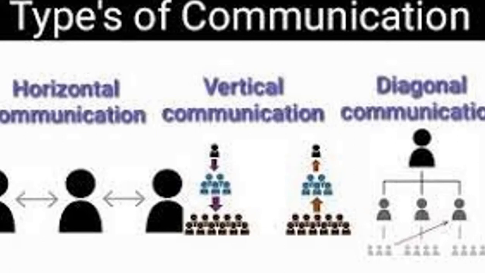When the information is flowing from upper hierarchy to the lower hierarchy, upper level to the lower level, that is called downward communication. And when they are moving in both directions, that is called vertical communication.